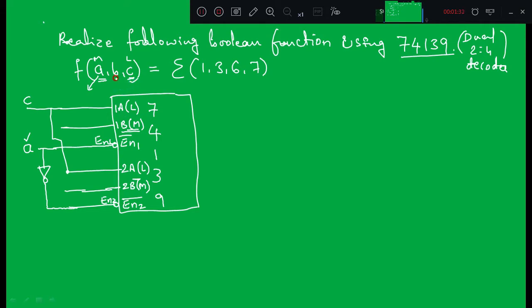The left input variable is B, and here the input pins are 1B and 2B. So we will short them. Both the MSBs, 1B and 2B, we will short, and connect to small b.